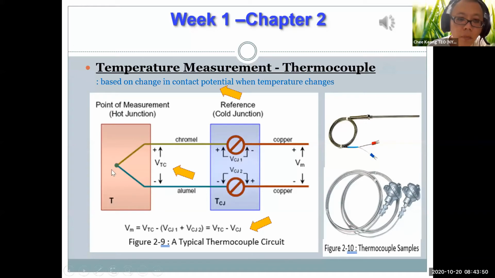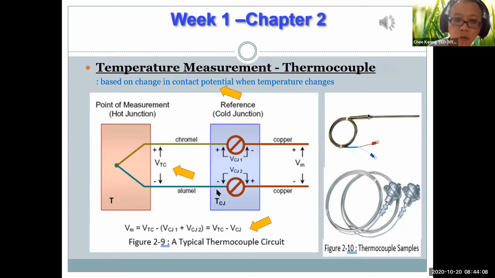Okay, so this is a thermocouple which uses the difference in the response of different materials. It generates basically a thermocouple voltage, and they use chromium and aluminum, right? So after that, you will have a measured voltage.